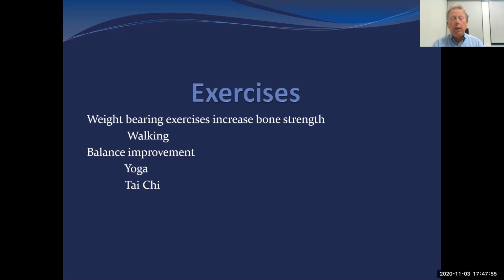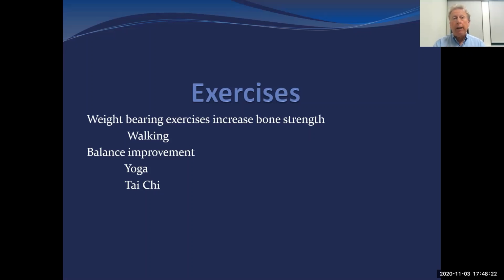But you need to be exercising, because a lot of what happens in osteoporosis is people fall. And so fall prevention is critical. I'll have a little slide here in a minute about fall prevention. But balance is important. Yoga and Tai Chi have been touted as being useful for osteoporosis. It's more about the balance than it is about osteoporosis.